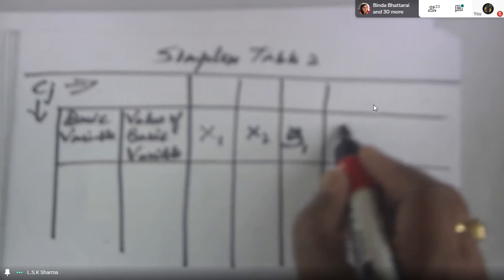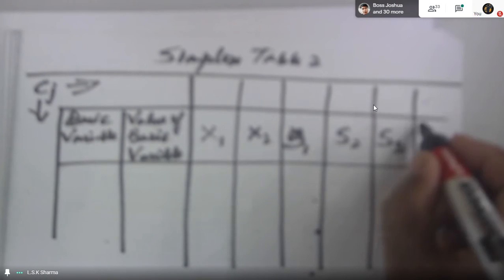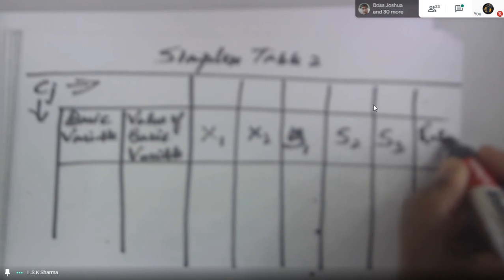Then you have x1, x2, S1, S2, S3, and ratio. What are the values out here? 50, 80, 0, 0, and 0.